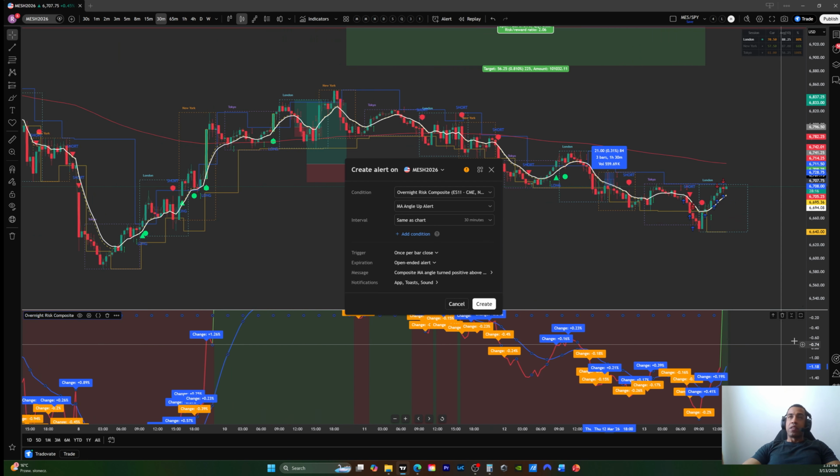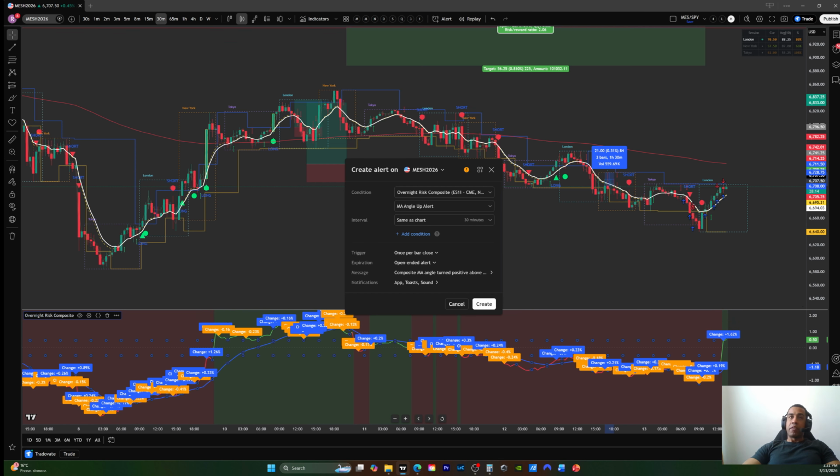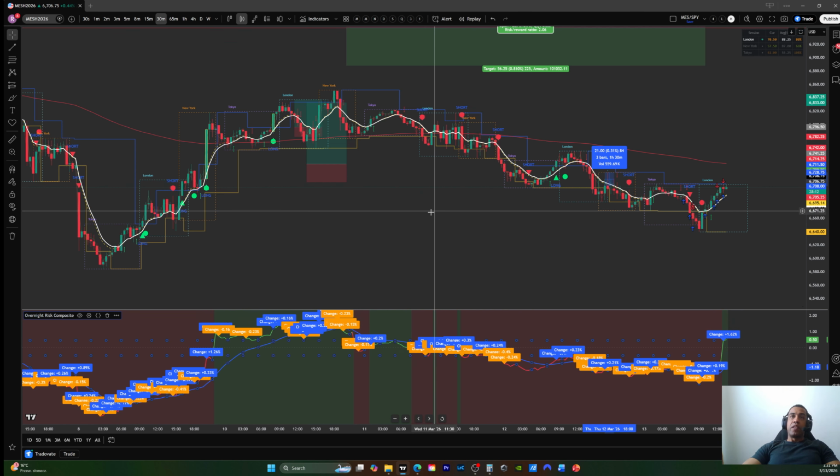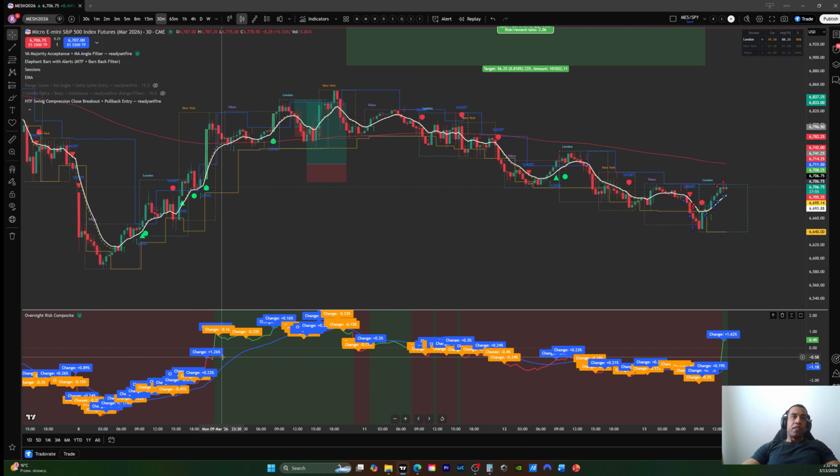You can see over here it changed to red on this candle, and ever since then it changed to green here momentarily in one candle, but then right back to red. That's that bias indication. Over here it changes to green, pulled back a little bit, and then went up.